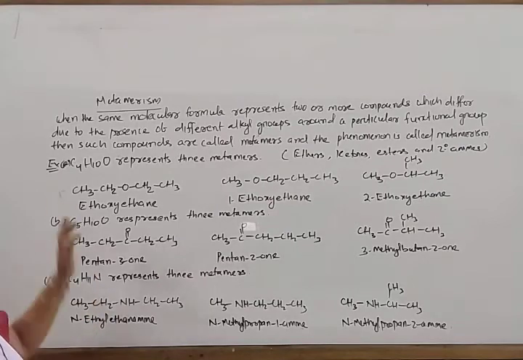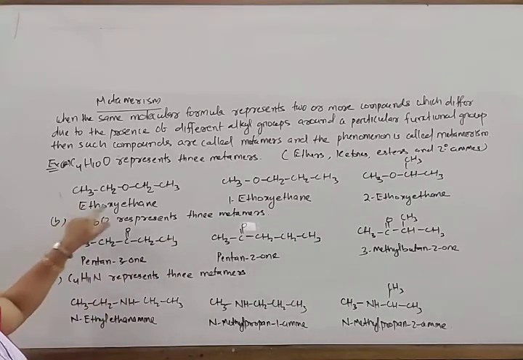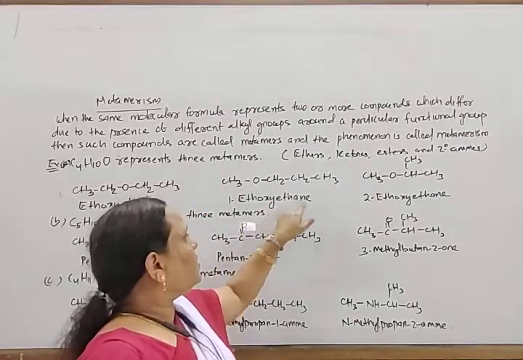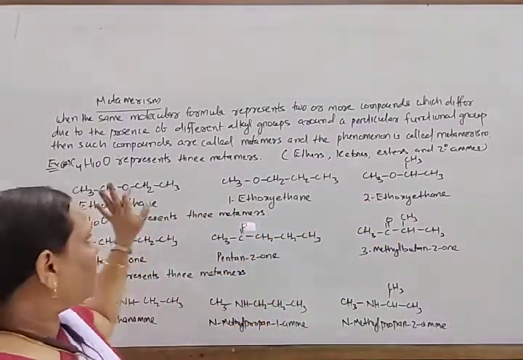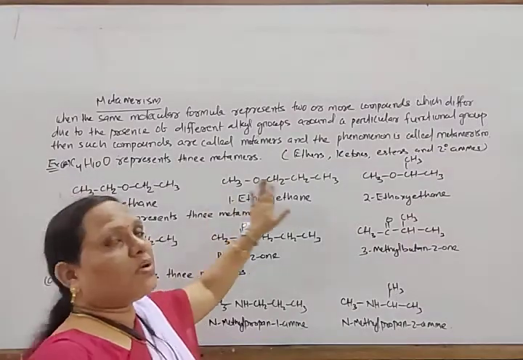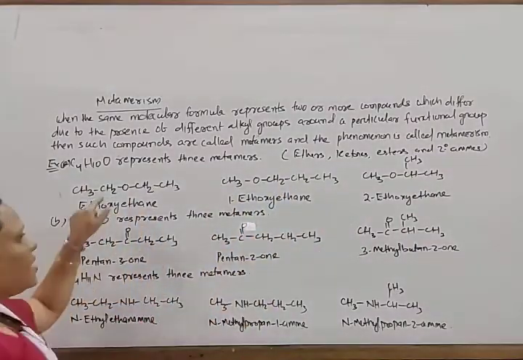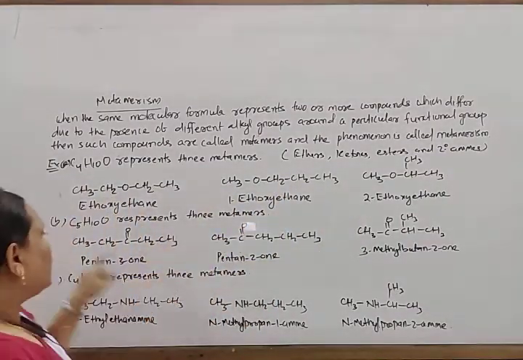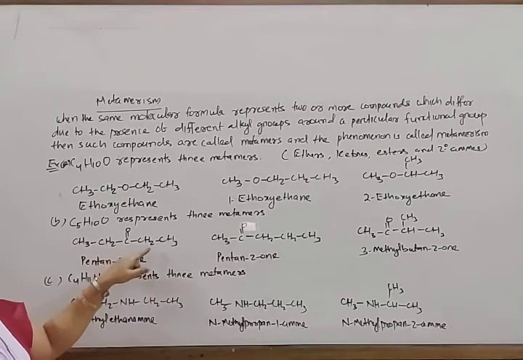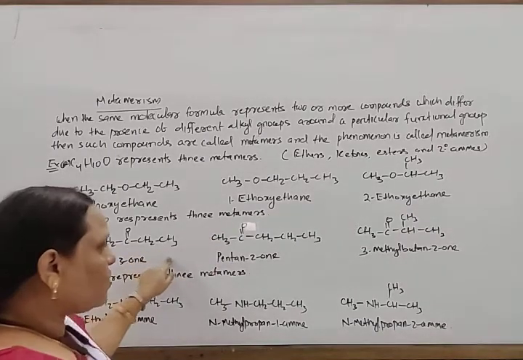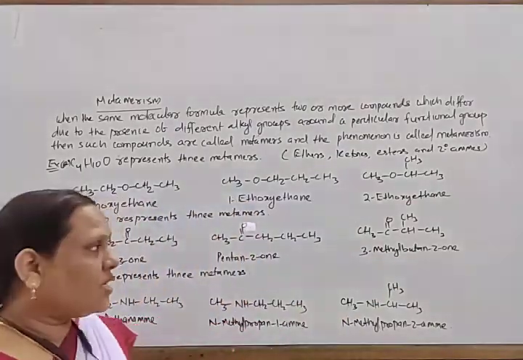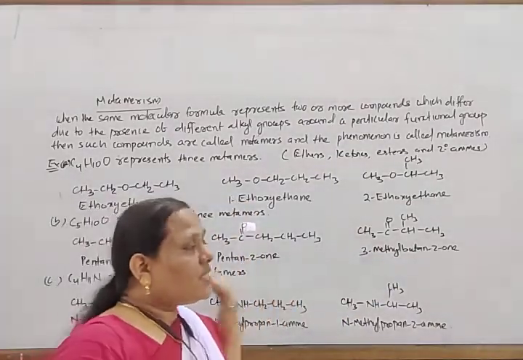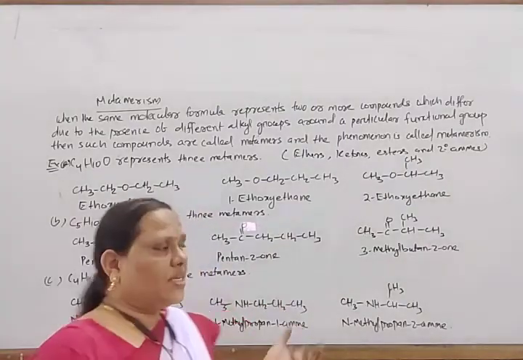Some examples of ethers are shown here. All have the same functional group but different alkyl groups around the functional group, and these are metamers of each other. In the case of ketones, CH3CH2COCH2CH3, pentan-3-one, pentan-2-one, and 3-methylbutan-2-one. These three are metamers of each other.